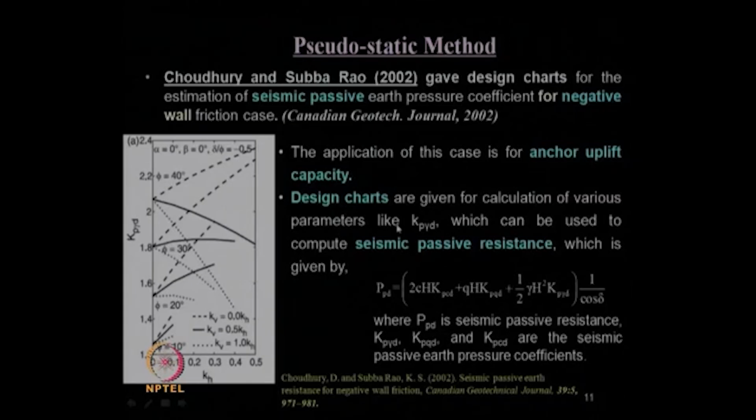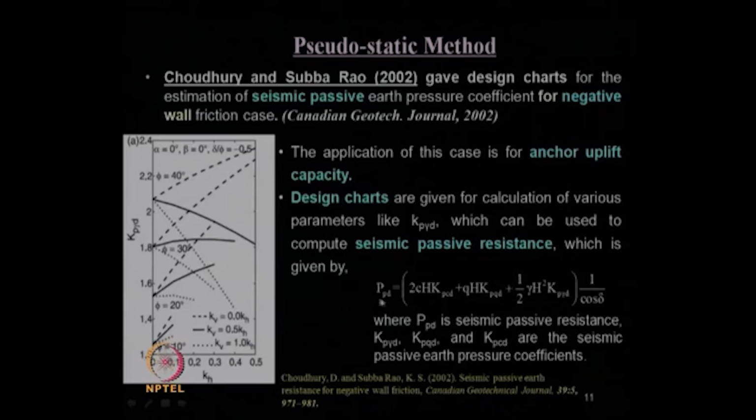We had obtained the design chart for this passive earth pressure coefficient under the dynamic condition with respect to the unit weight component. There are three components if you consider the generalized C phi soil, where cohesion is also present and friction angle is also present, including the surcharge on the ground surface.